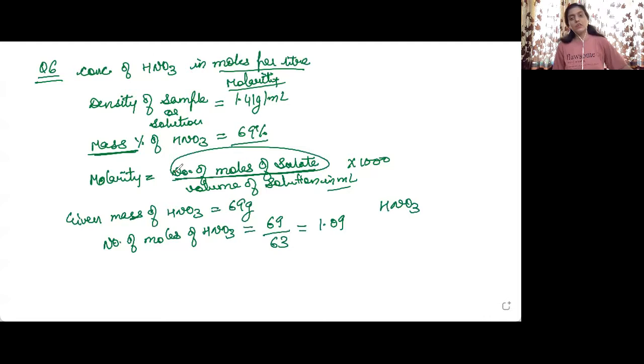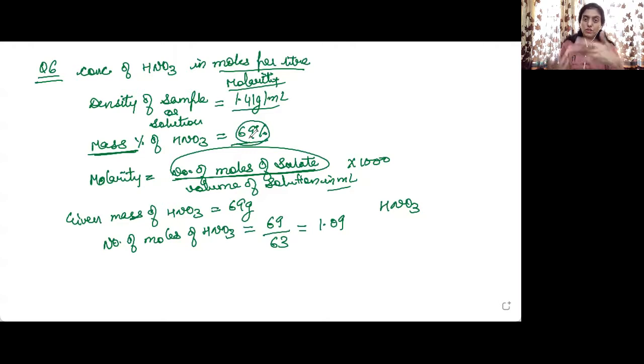Now we need the volume of solution. We have not been given the volume of solution. What we have been given is the density of the solution, and we have the mass of the solution, because this is the mass percentage of HNO3 and the total will be 100 gram.